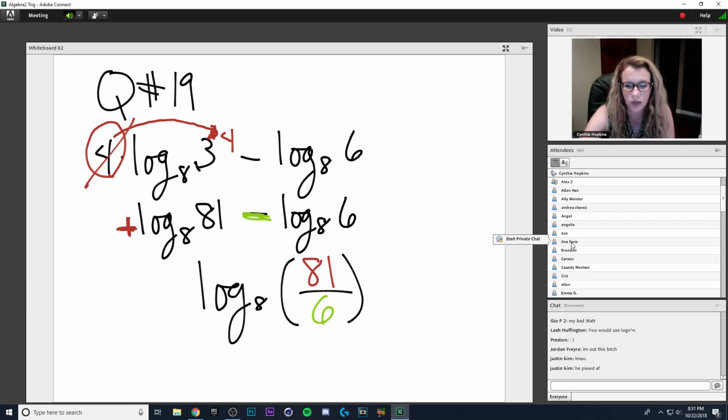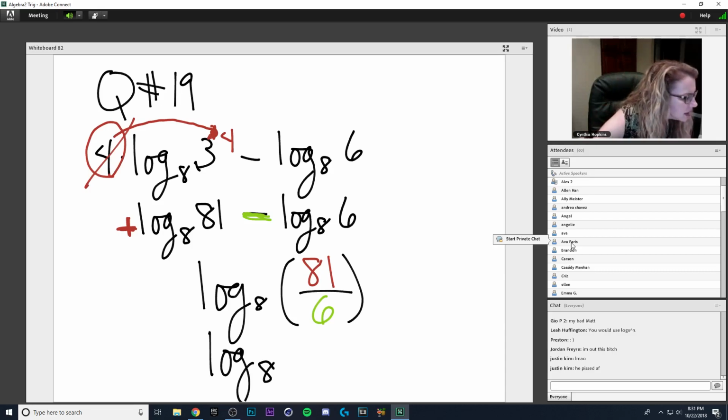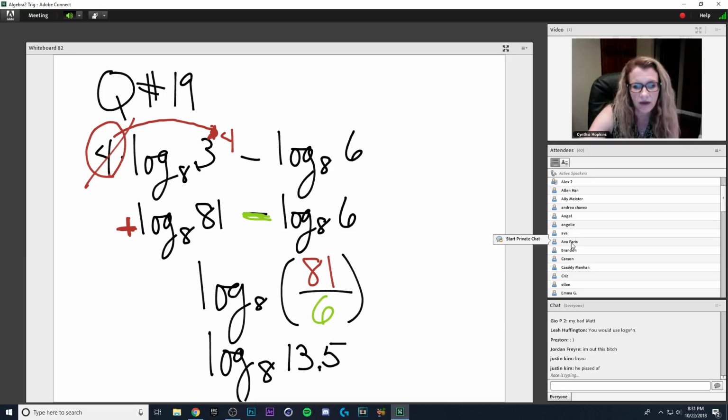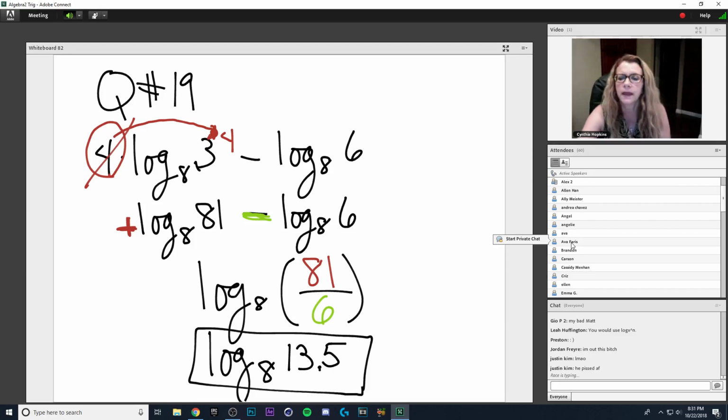That's knowing my property of logs, the log of a quotient. All right, and then I just want to simplify my 81 over 6, and so 13.5, or you certainly could write 27 halves. And that ends up being your final answer, single log of a quotient.